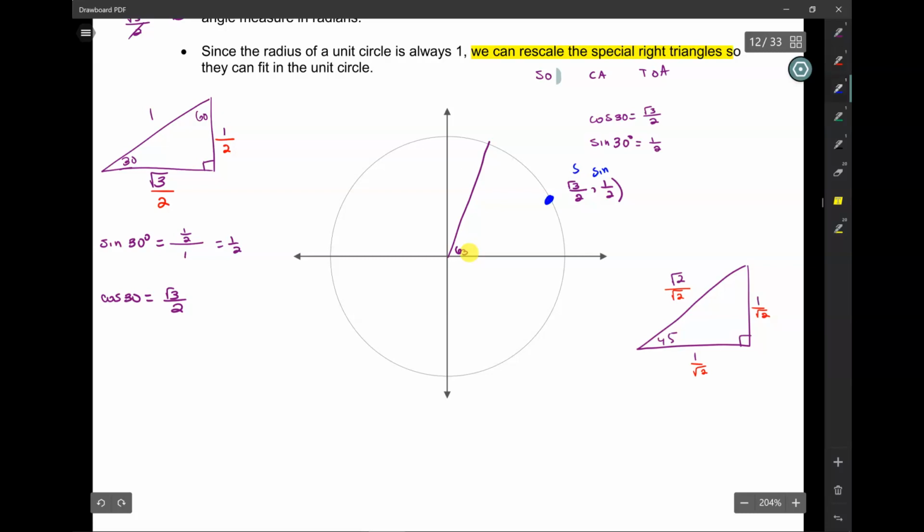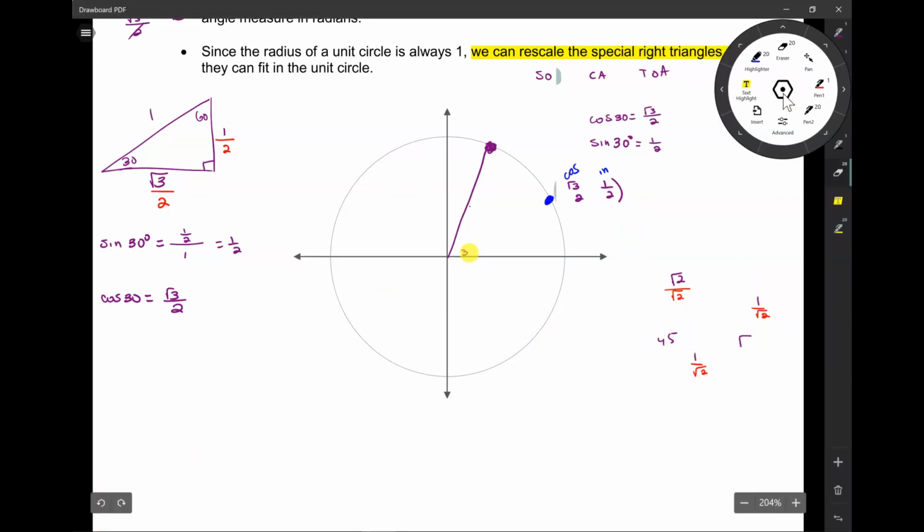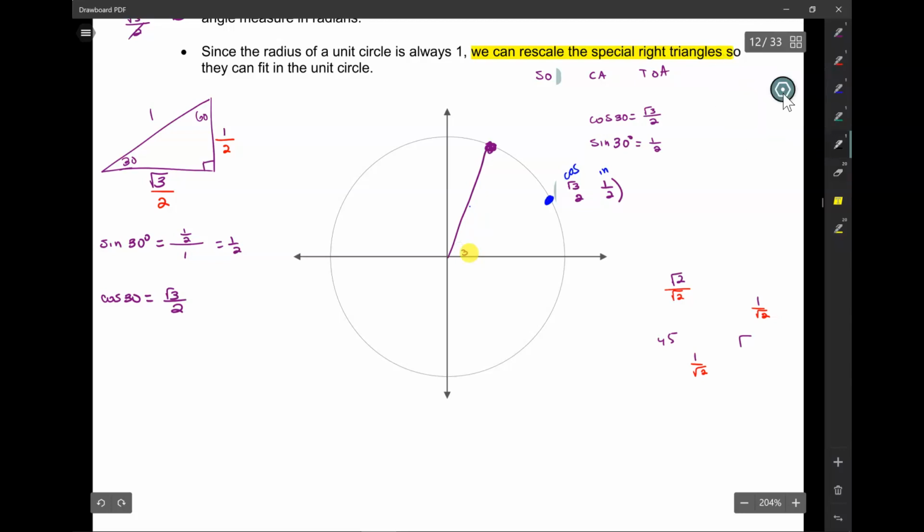So for a 45, 45, 90 triangle, if this is 45 degrees, it used to be 1, 1, root 2, but now this is a 1, so I have 1 over root 2, 1 over root 2, okay? So whether it's the sine or the cosine, what's the sine of 45 degrees then? 1 over root 2, and what's the cosine? 1 over root 2, okay?